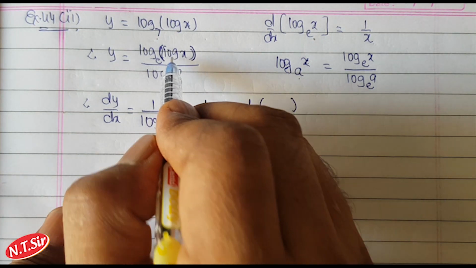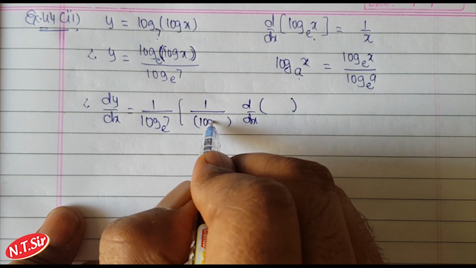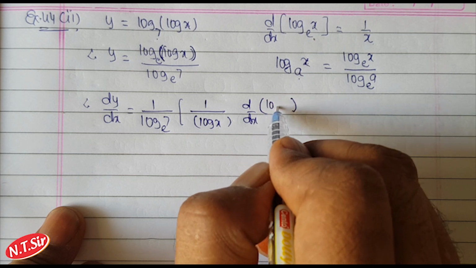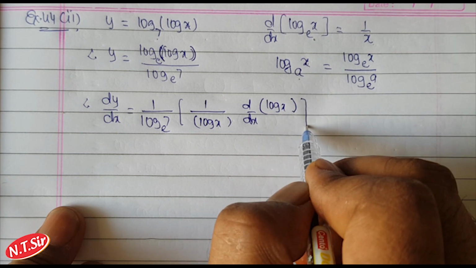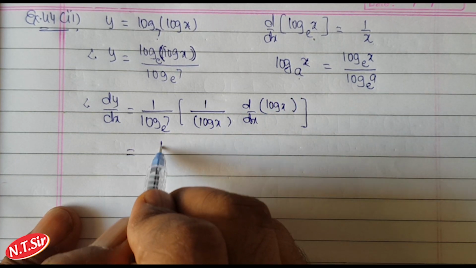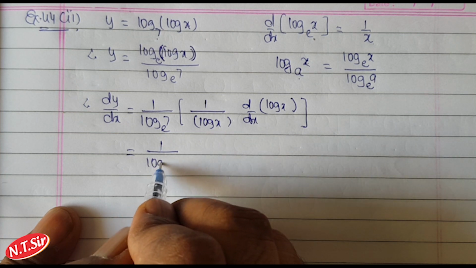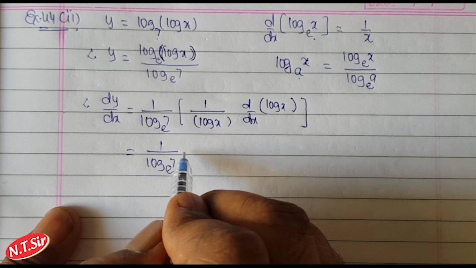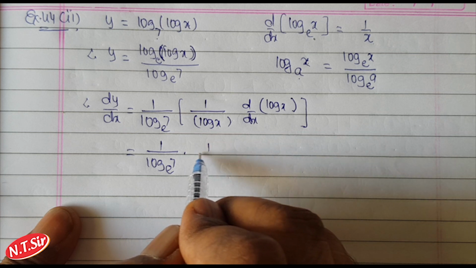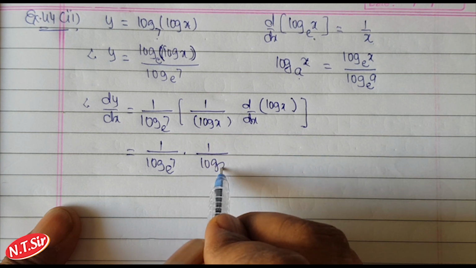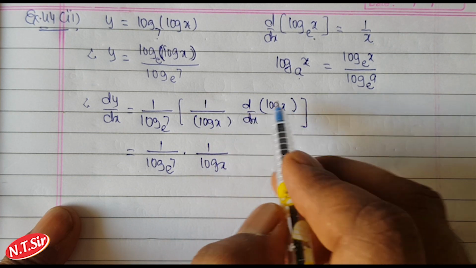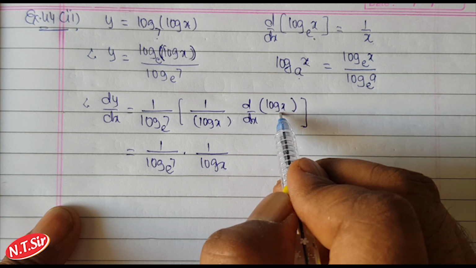Now what is in the bracket? log x. So log x into d by dx of log x. So answer will be 1 upon log 7 base e into 1 upon log x, and now this is d dx of log x base e.